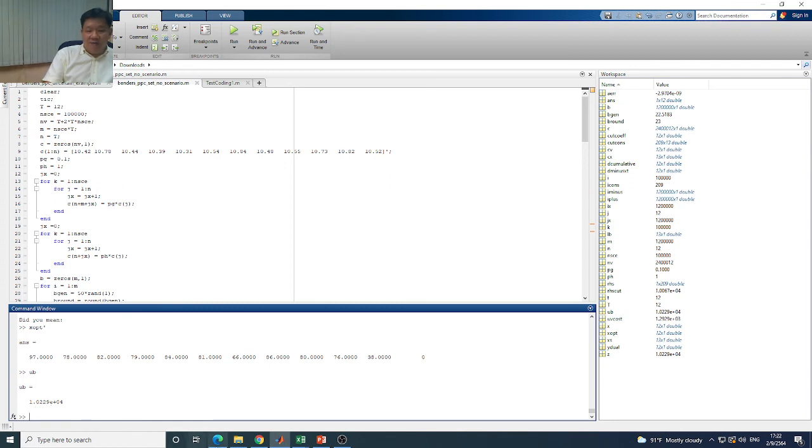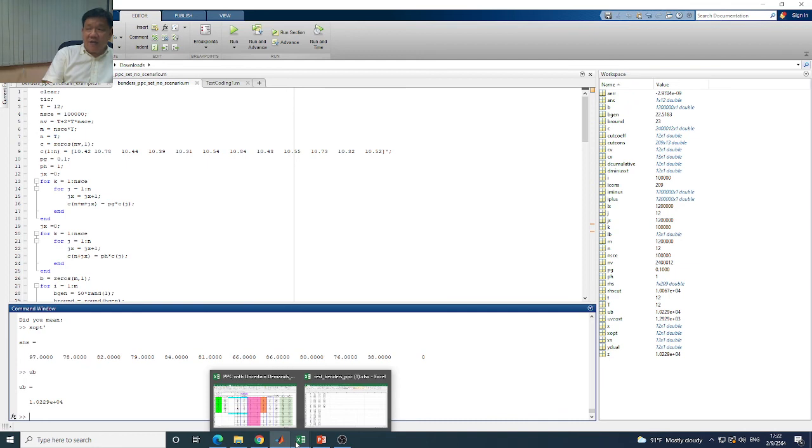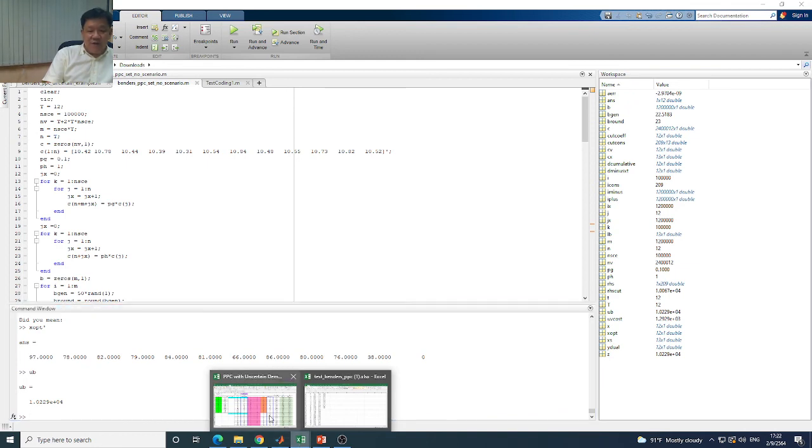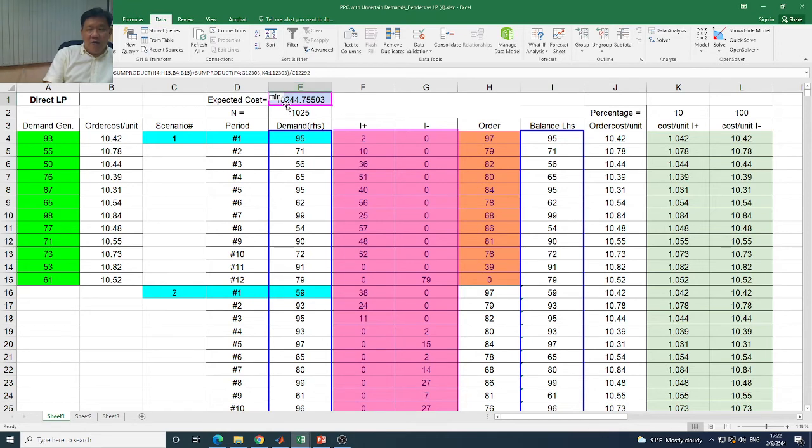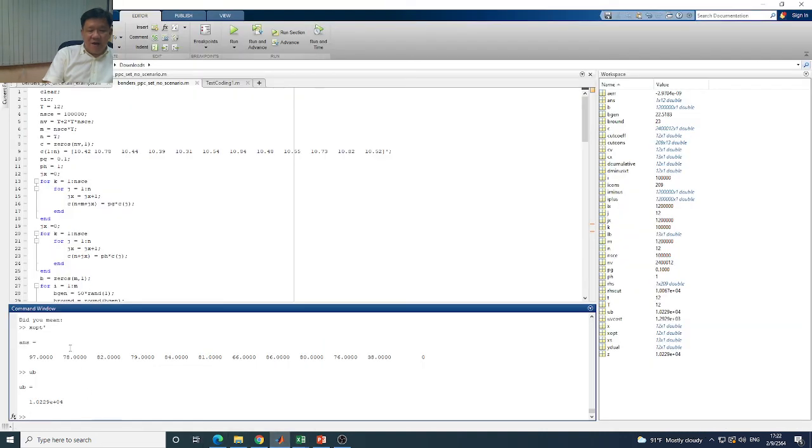Remember that when we solved for the 1025 scenarios, you get 10244. But when you deal with 100,000 scenarios, you get 10229. Which one are you more confident in?